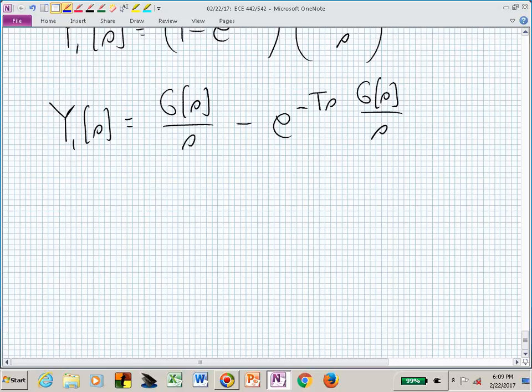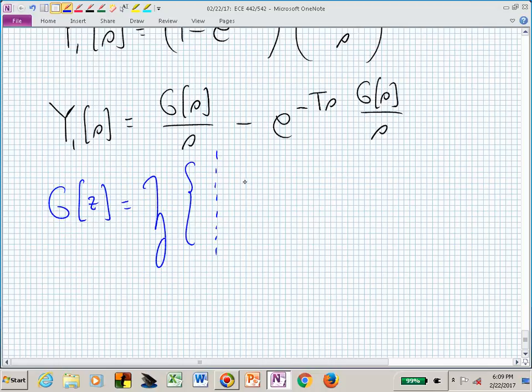Let me see if I can make that notation. I'm now going to have a capital G of z. I'm going to say that's the Z transform. That's what that script Z is supposed to be representing. And now I'm going to symbolically say these dashed vertical lines are symbolizing the sampling process.